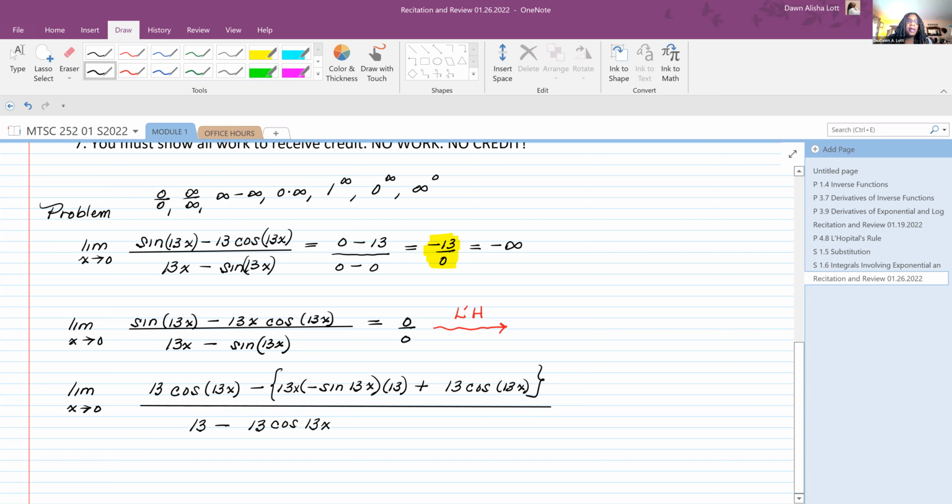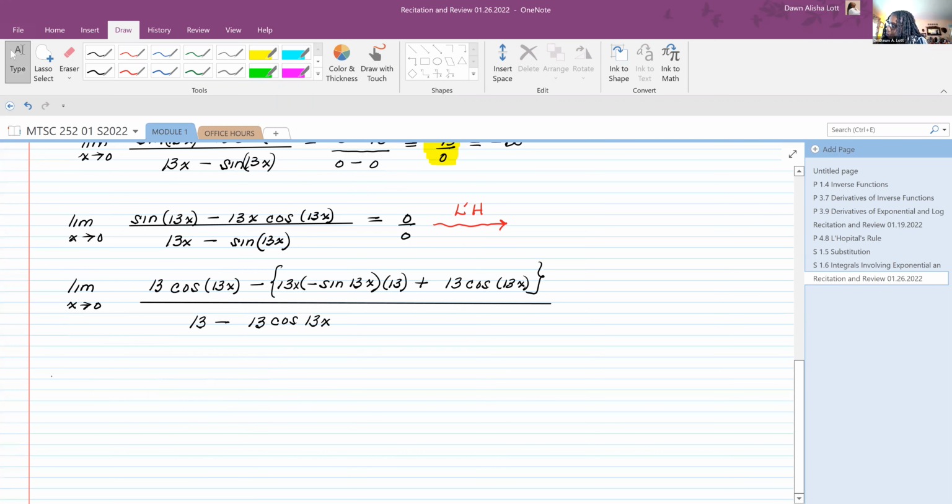So let's simplify. So I have 13 cosine of 13x, I apologize. I'm hungry. Okay. Then this one's going to give me minus negative. I'm going to get 13 times 13, which I believe is 169.